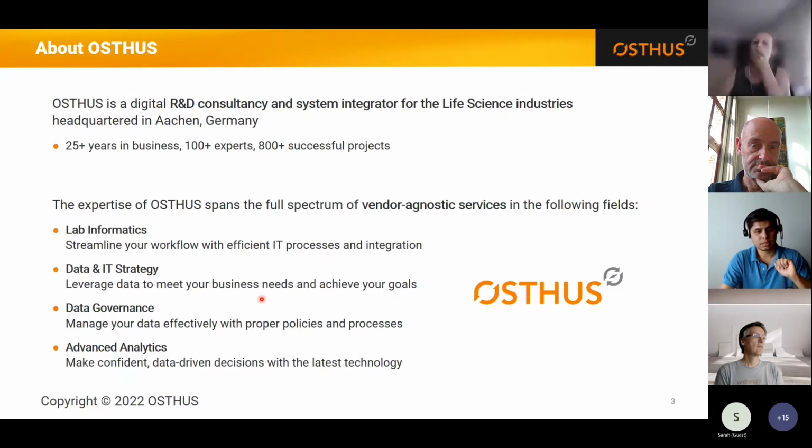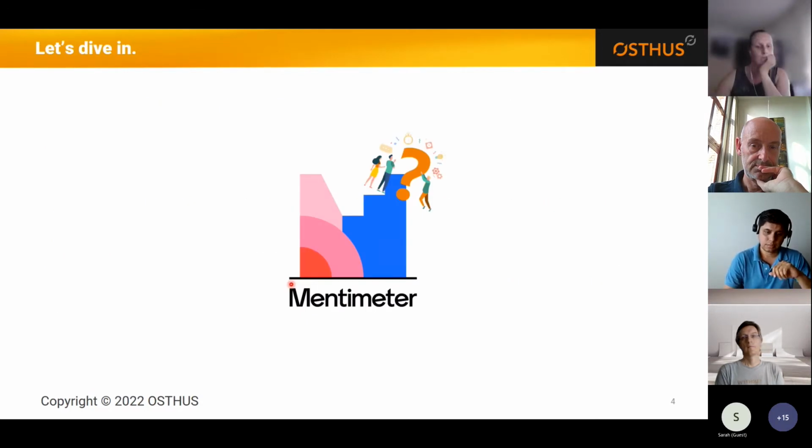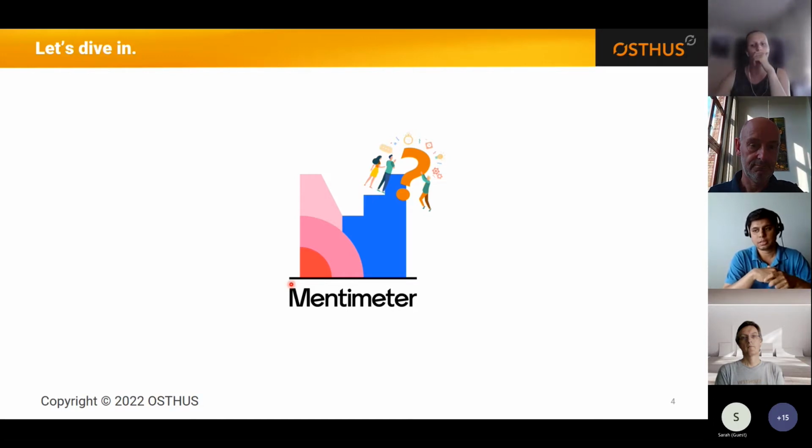Today's topic is about FAIR data in life science. To give you a brief idea about the motivation for this event, it stems from 2 different things. First, the variety and amount of data in life science is really huge, with a really vast variety of heterogeneous data being generated.